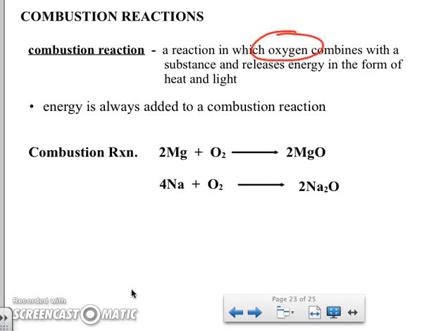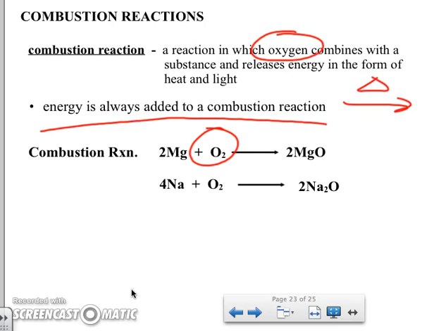If we take a look at the example combustion reactions shown, the first one, we've got magnesium plus oxygen gas yields magnesium oxide. We know it's a combustion reaction because oxygen is one of the reactants. It does say here that energy is added in a combustion reaction. We have to add a triangle over the arrow.